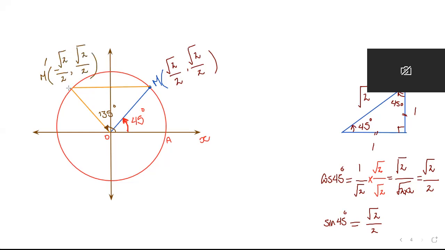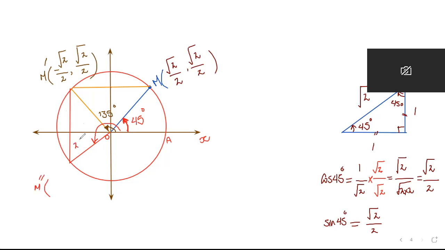Now, we used another symmetry. We connect it here, we find another angle. This angle here, which is located at the third quadrant, is showing me the point M double prime. How much is the angle? That's right.